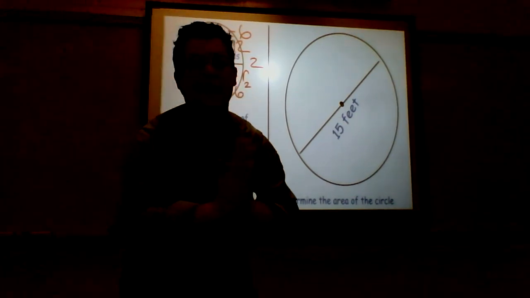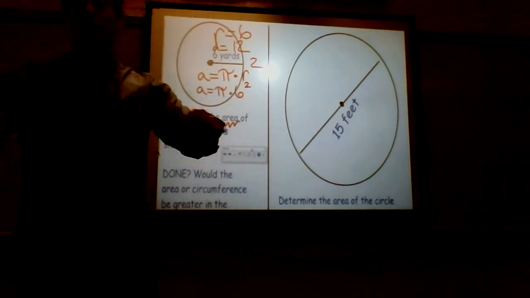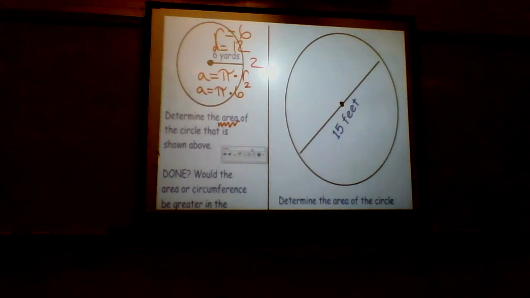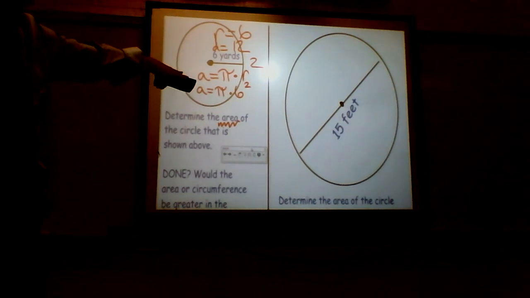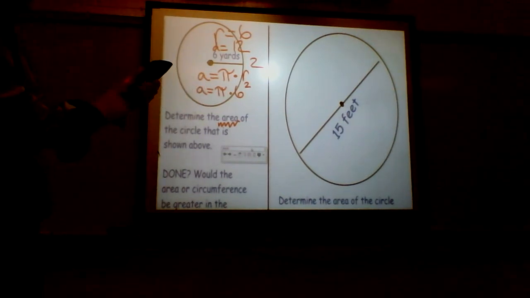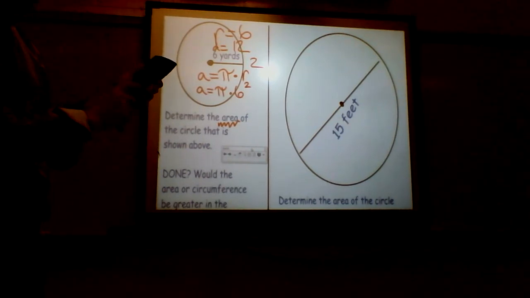I'm begging you, please, 6 to the second power is not 12. 6 to the second power means 6 times 6. You can put this entire thing in your calculator. You can type in pi times 6, and then you see a little button with an x2 on it. That'll raise it to the second power.